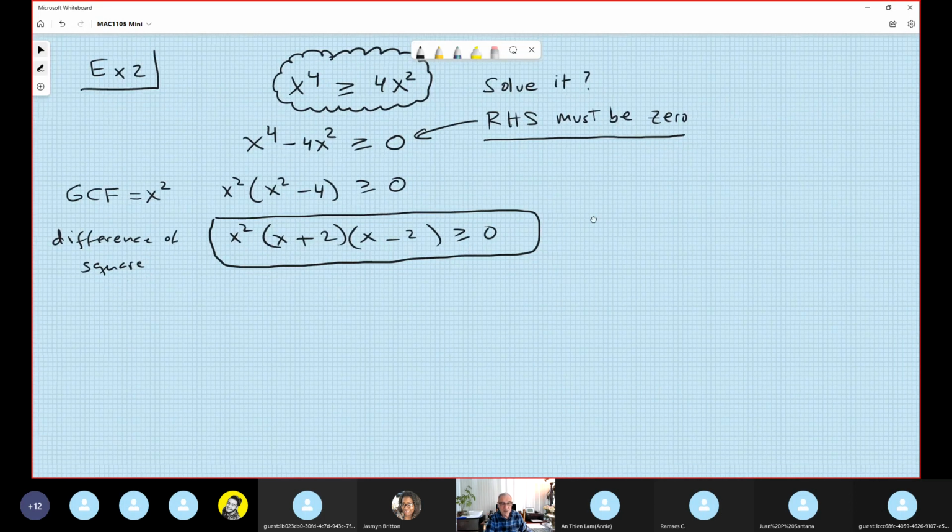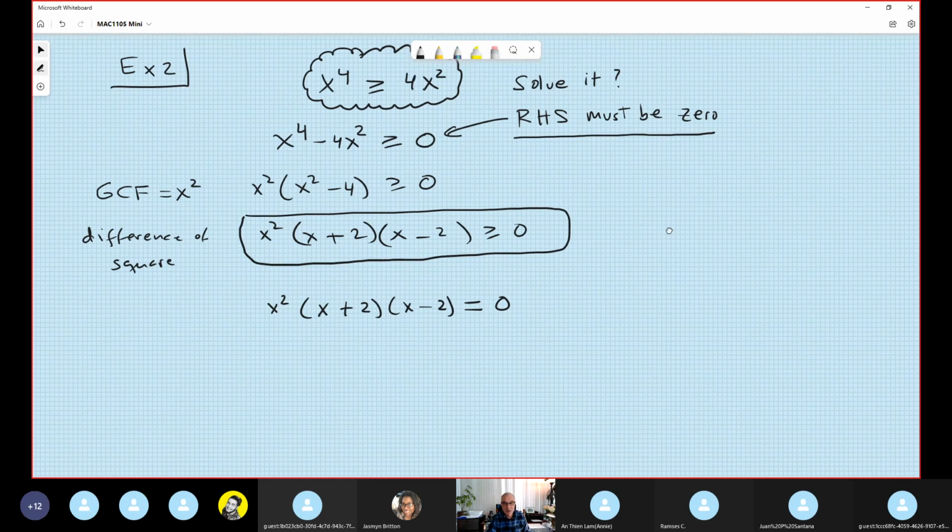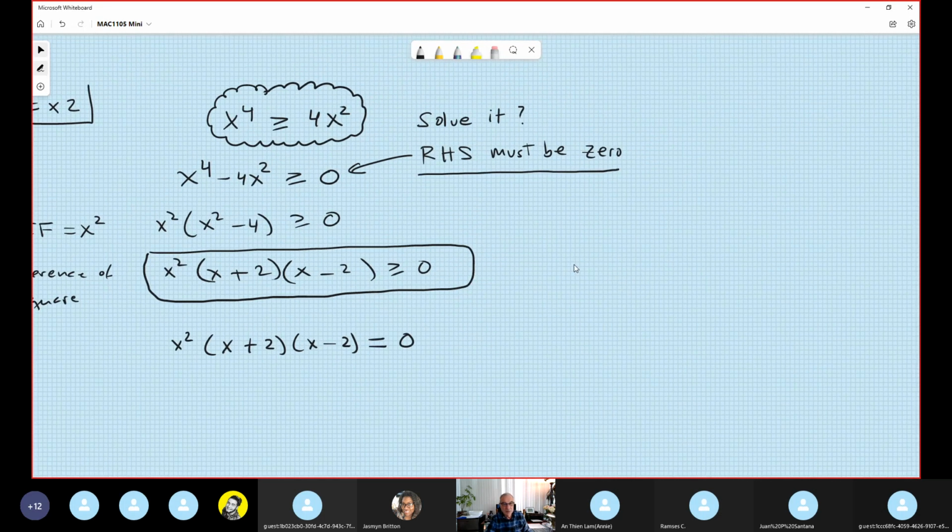What is the next step? Well, the next step is the critical value. And the critical value is easy because I treat it like an equation. Temporarily it is supposed to be 0. And by the way, this problem we are solving now is a non-strict inequality. It's non-strict because it contains greater than or equal.